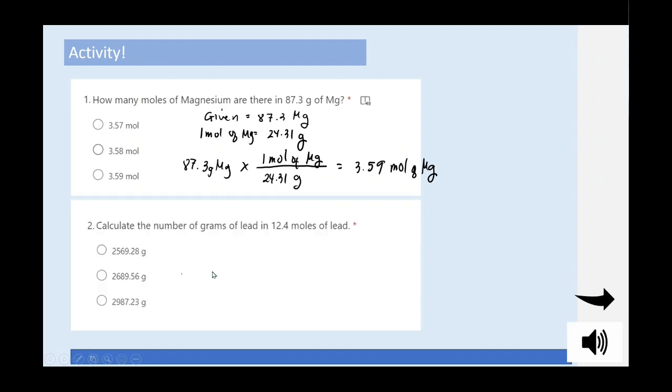Okay, number 2: number of grams of lead in 12.4 moles of lead. So let's write the given: 12.4 moles of lead.